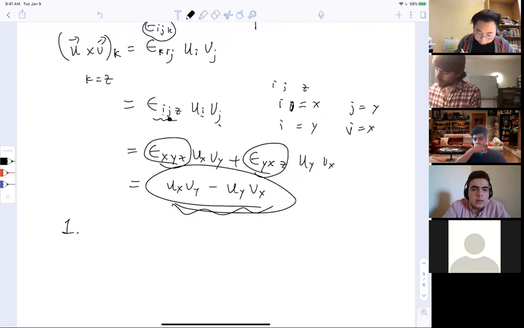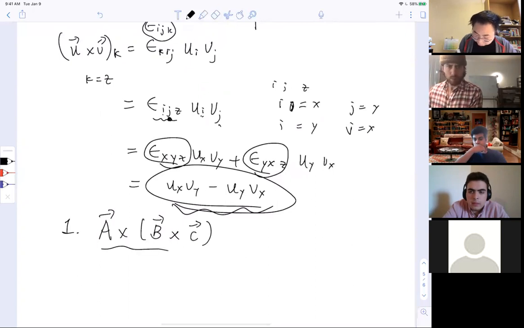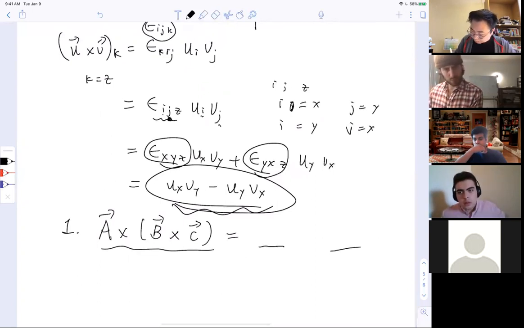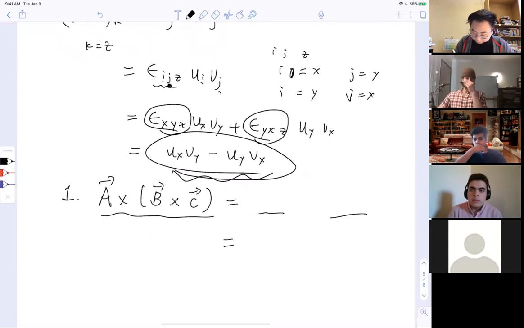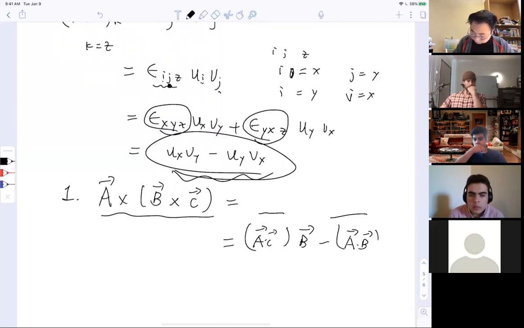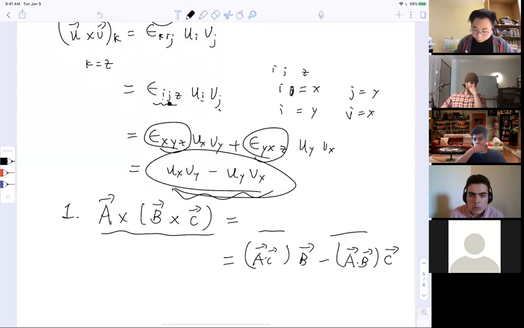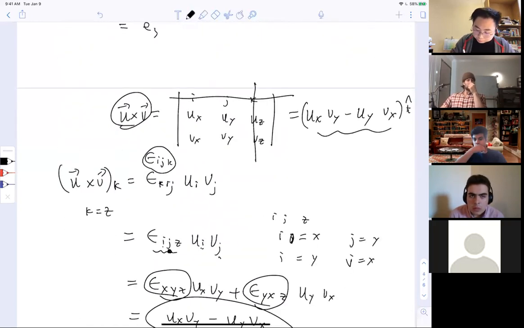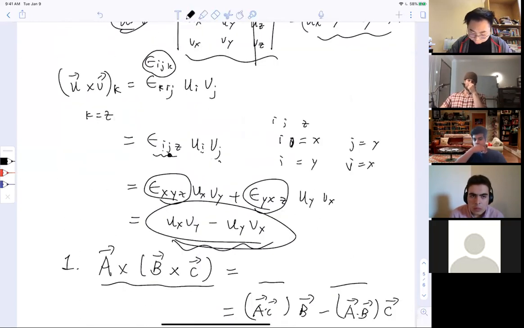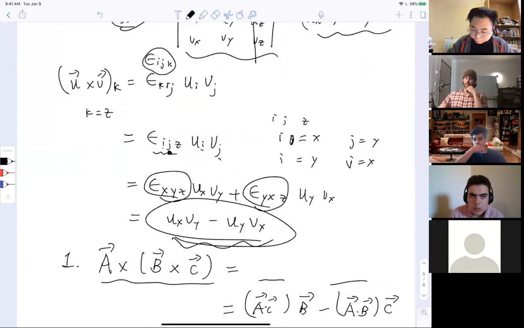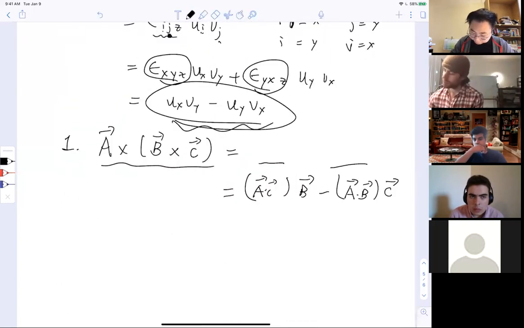When you do vector cross products, for example, if you want to verify that a cross (b cross c) equals b (a dot c) minus c (a dot b), it's quite difficult to prove using ordinary cross product notation.